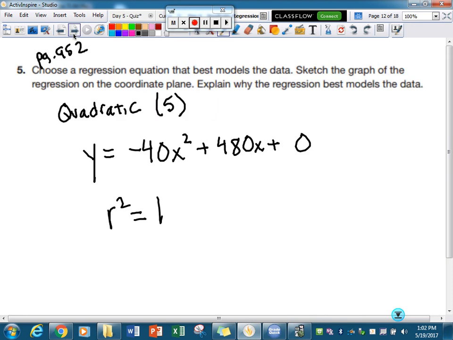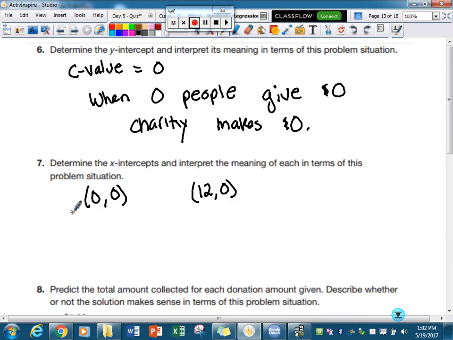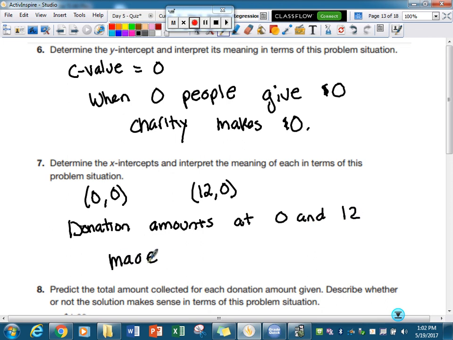That means that donation amounts at 0 and 12 made $0. Nobody gave $12. The highest they gave was what, 11? 11.